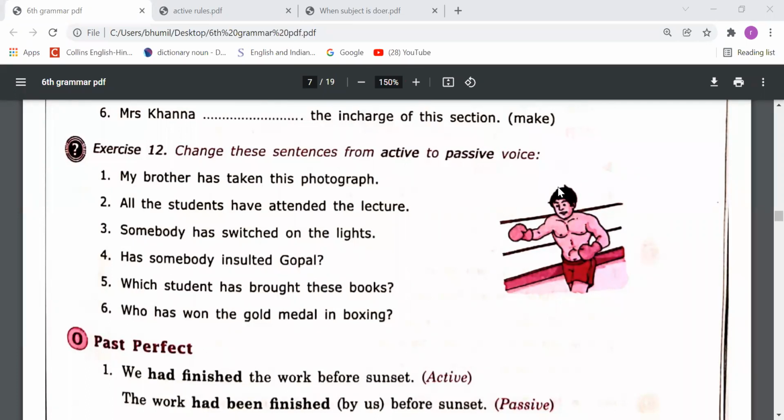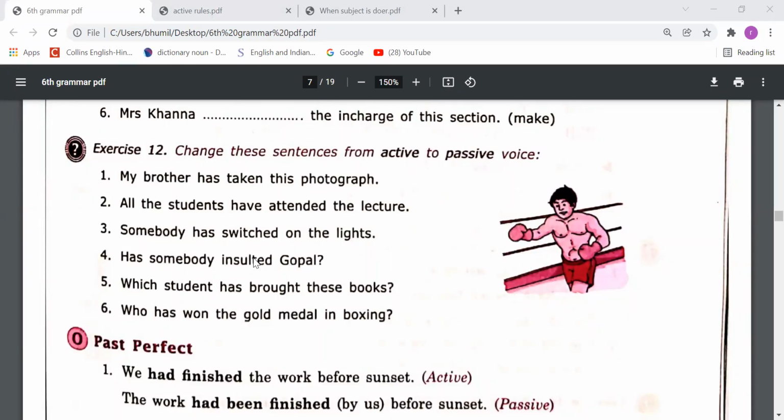Abhay, Manishita, your voice is not clear. I'm not getting what is being spoken by you. Okay, okay, very good. I think your answer is right, but I'm not getting it exactly.